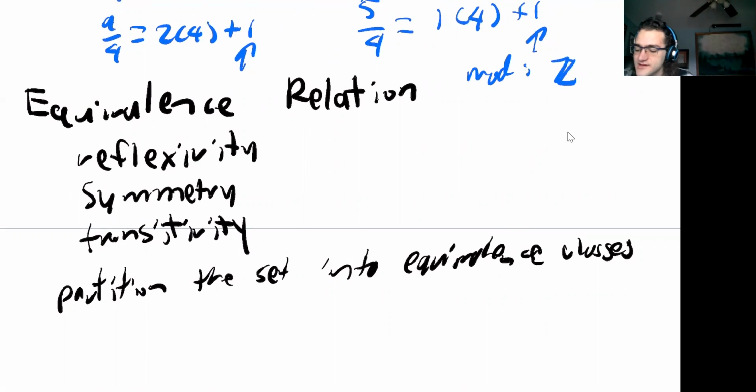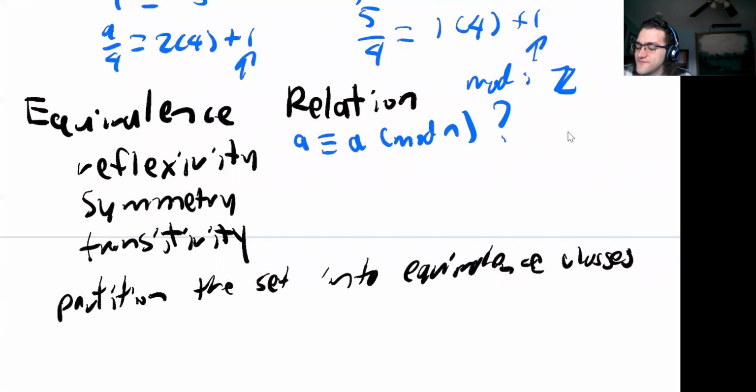So let's suppose we have some integer, I'll say a equals some z mod n. Is it the case that a is equivalent to a mod n? That's our question.